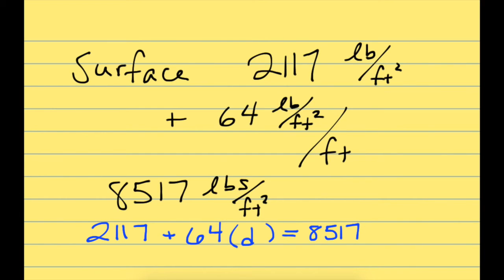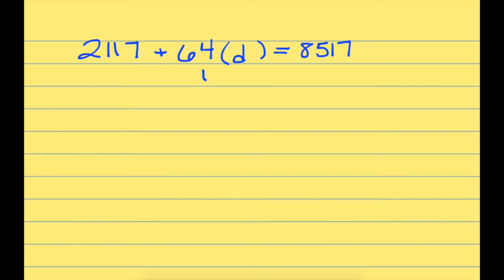So if we think about what's being done to the d, first it's being multiplied by 64. Then we're adding 2,117. So we want to take those off in reverse. So if we've got a positive 2,117, we want to remove it by subtracting 2,117 from both sides.